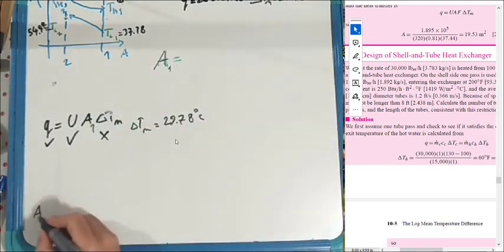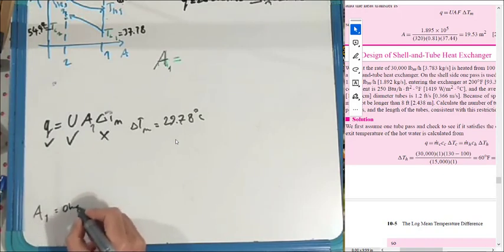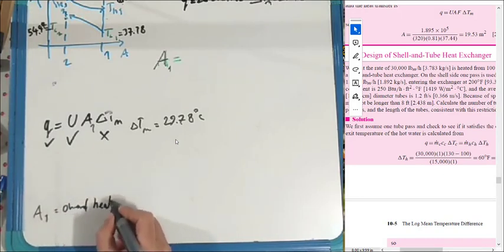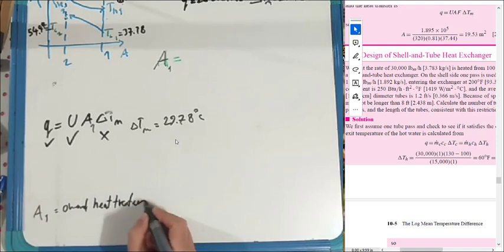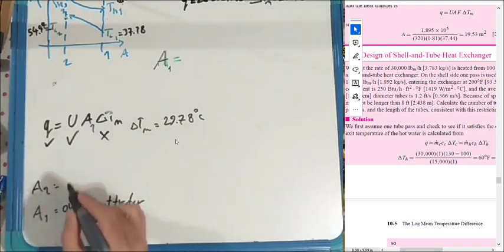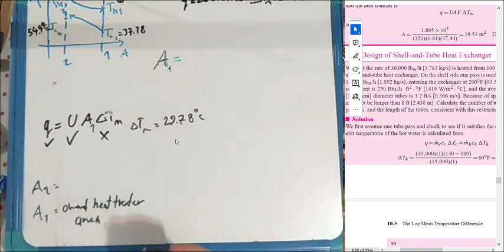A1 is the overall heat transfer area. It is different from A2. I will explain it and name it in the following.